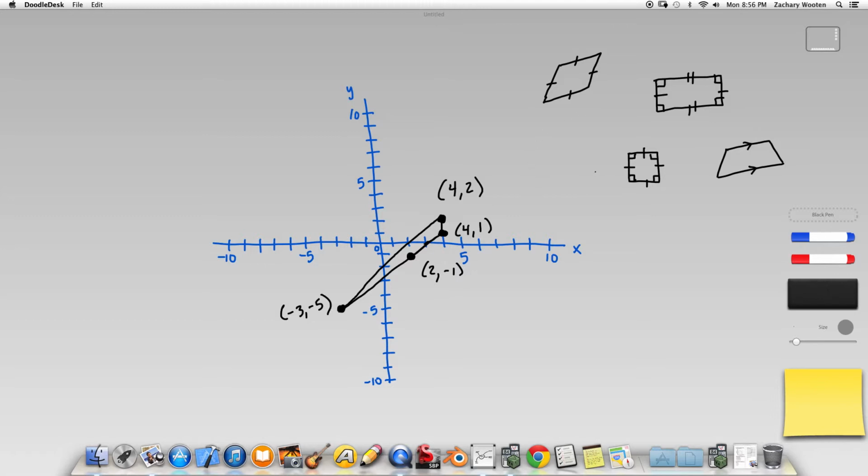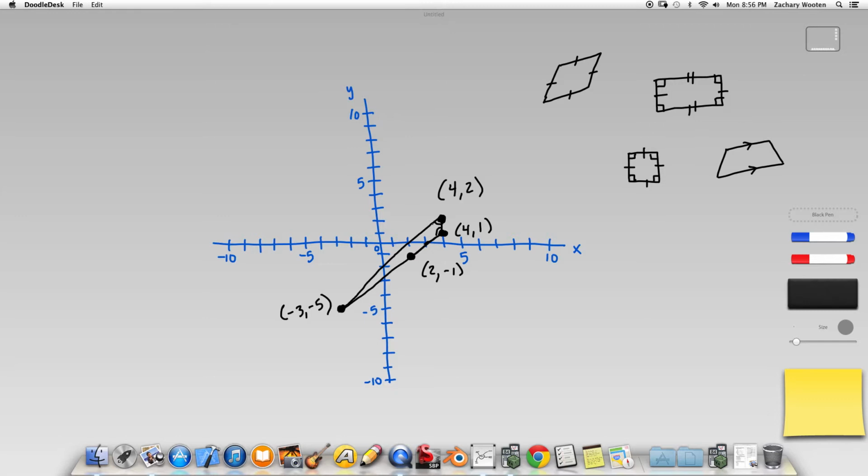So this is where we really have to go into the details of what the properties of a shape are. Right away I can tell this is not going to be a rhombus or a square, because clearly this side right here is much longer than this, and if it was a rhombus or square, all the sides would be the same. I can also look at it and tell these are not right angles. This one's kind of opening down, this one looks like it's kind of opening out.